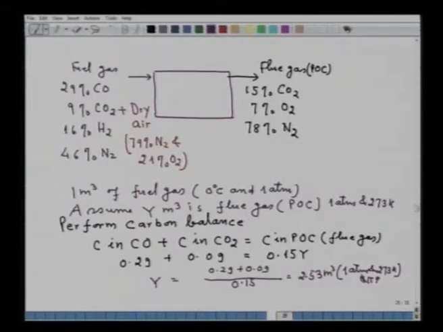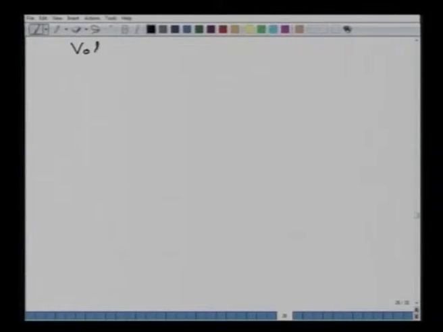Now, it is also being asked to calculate the volume of POC at STP. So, volume of POC or the flue gas at STP. Now, STP represents 1 atmospheric pressure and 25 degrees Celsius or 298 Kelvin.